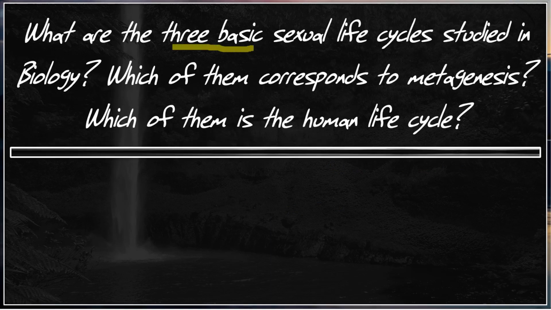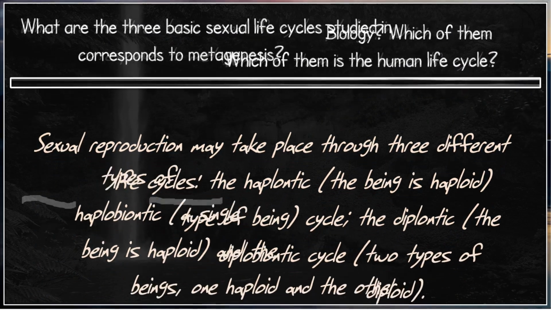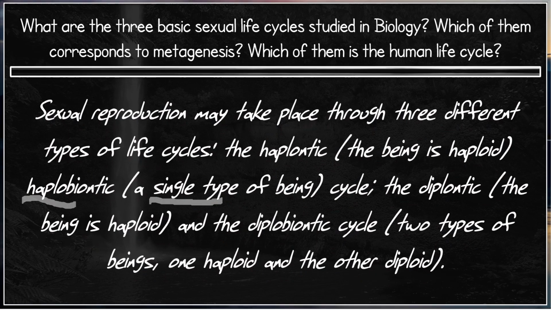What are the three basic sexual life cycles studied in biology? Which of them corresponds to metagenesis? Which of them is the human life cycle? Sexual reproduction may take place through three different types of life cycles.